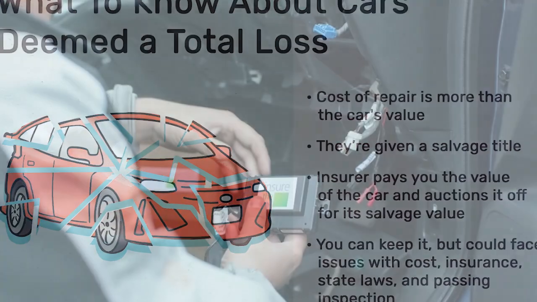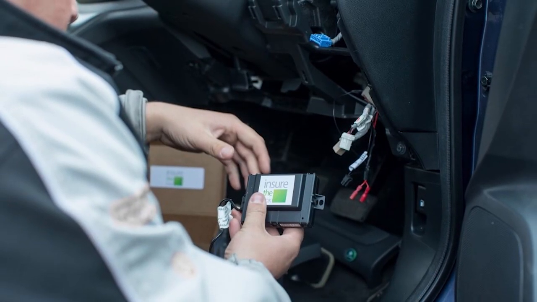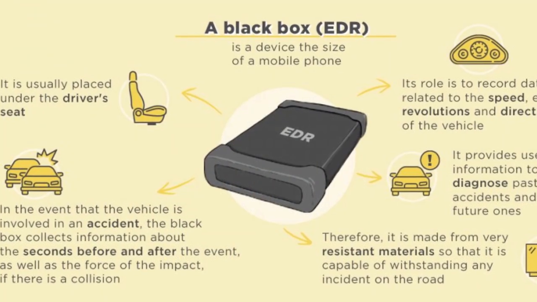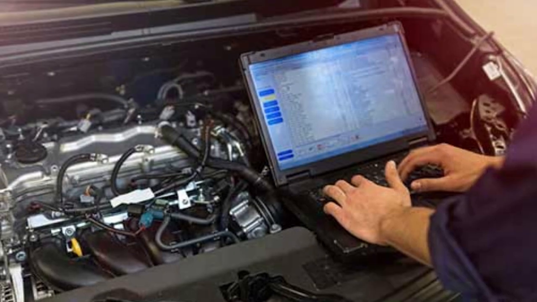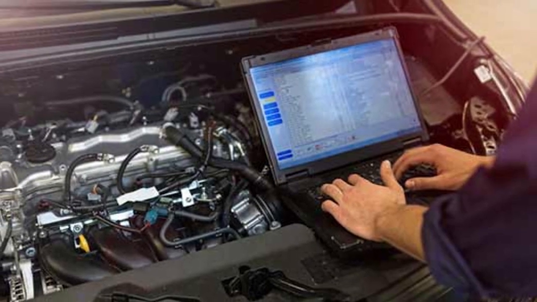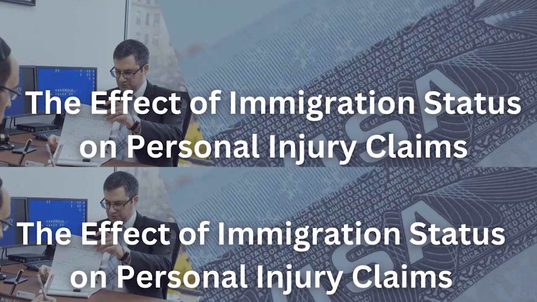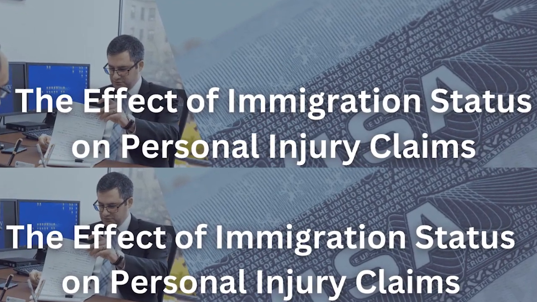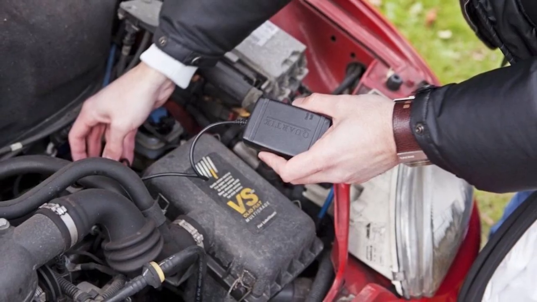In conclusion, black box data has become one of the most important tools in modern car accident investigations. It provides an unbiased account of what happened in those critical seconds before and during a crash. Whether it's proving negligence, protecting an innocent driver, or helping insurers settle claims more fairly, black boxes are shaping the future of accident cases.